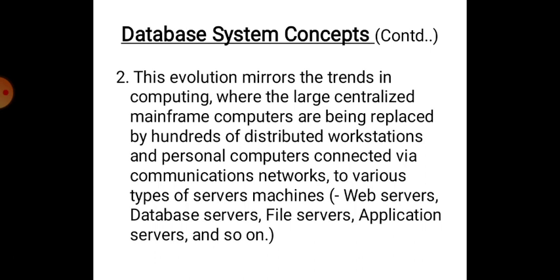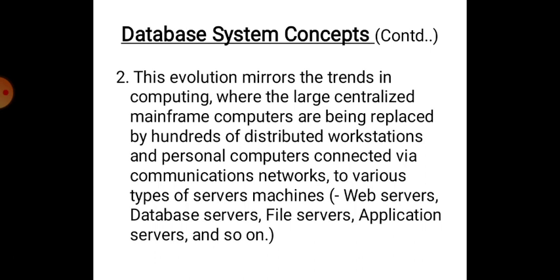Students, earlier there was a mainframe computer which was a central processing system, and today, as the computer generations have evolved, we have got distributed workstations and personal computers which are connected through a network.